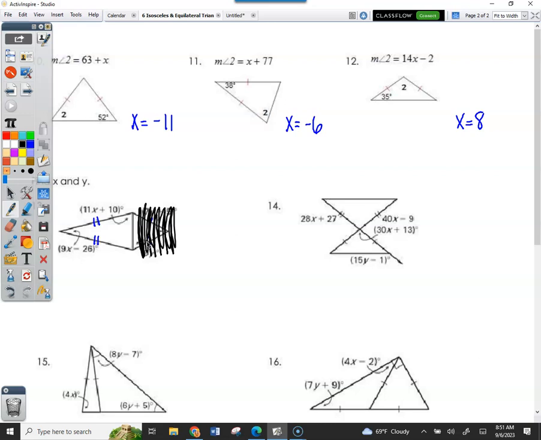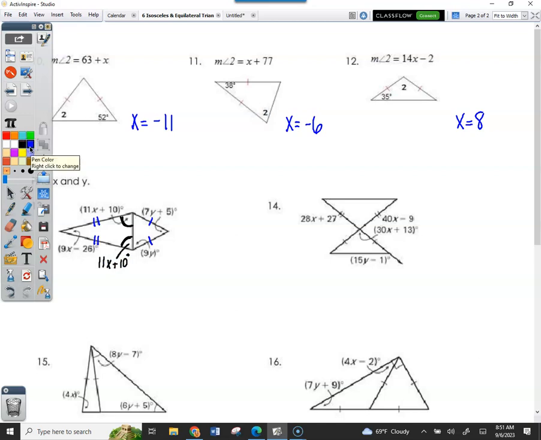If I turned it like a rooftop, what would that bottom angle be? 11x plus 10. Do you see it? You'd have to visualize turning it like a rooftop, and then you can mark that this angle is congruent to this angle, which means this right here is 11x plus 10 degrees.